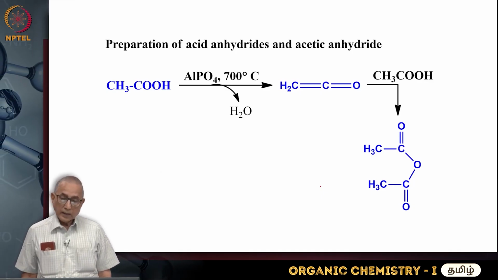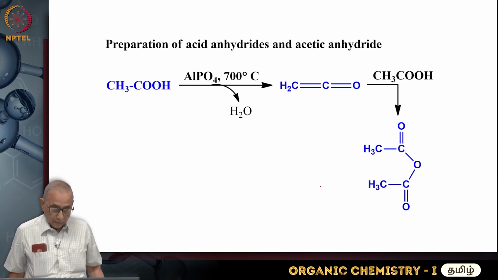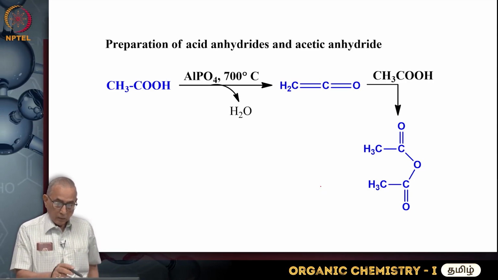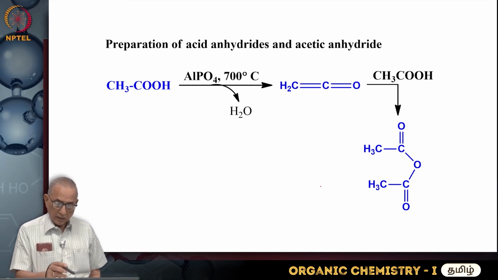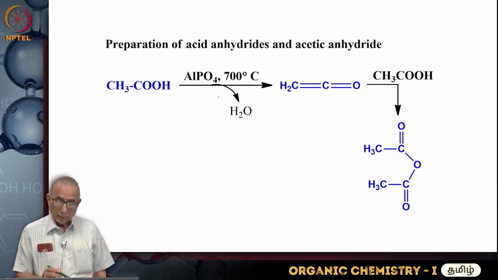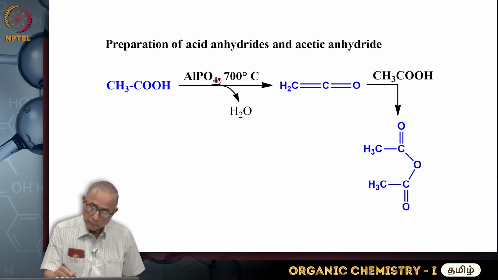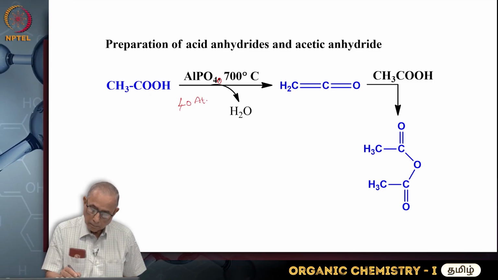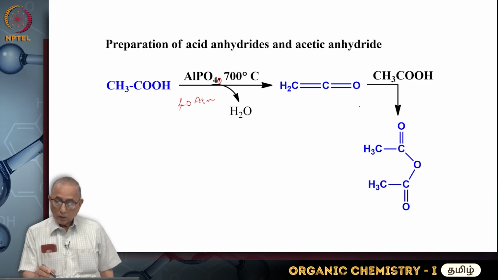Preparation of acid anhydrides, especially acetic anhydride. This is CH3COOH, when you react it with aluminum phosphate at 700 degrees and 40 atmospheres pressure, high pressure and temperature, you get this compound which is called ketene.